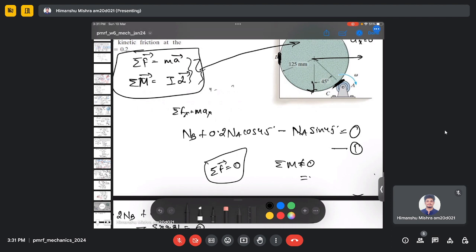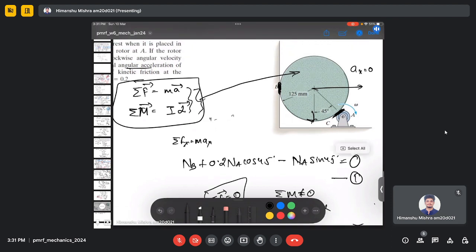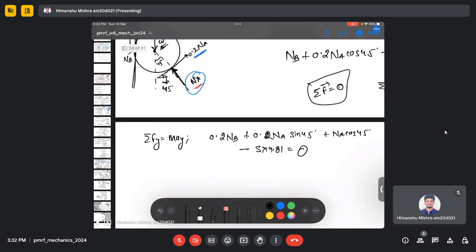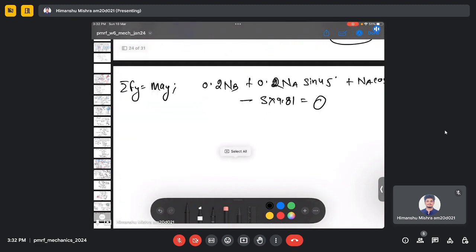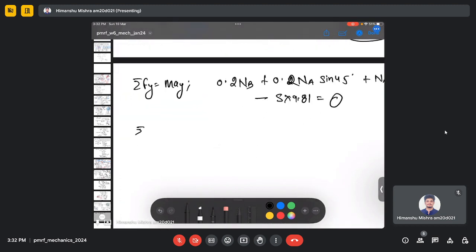It will be equal to moment of inertia multiplied by angular acceleration, because the cylinder can rotate and it can have its own angular velocity as well. So if I do the moment balance analysis for the cylinder, the summation of moment will be equal to I alpha, and my I is 1 by 2 m r square.